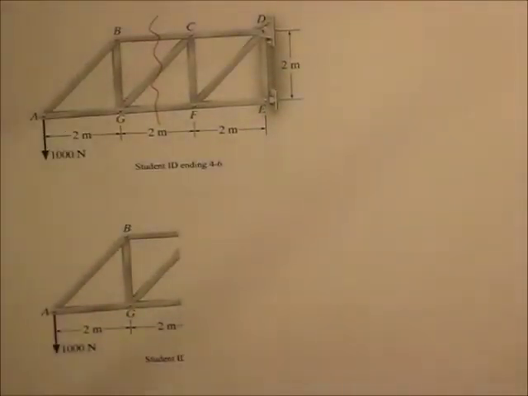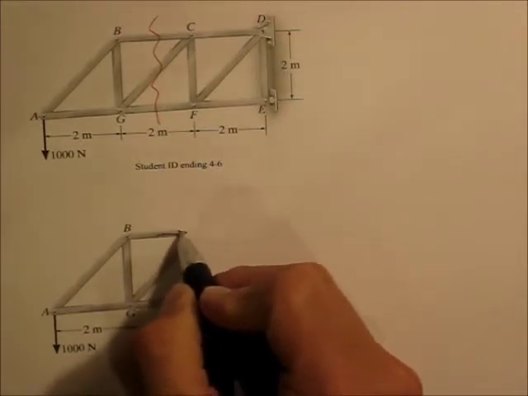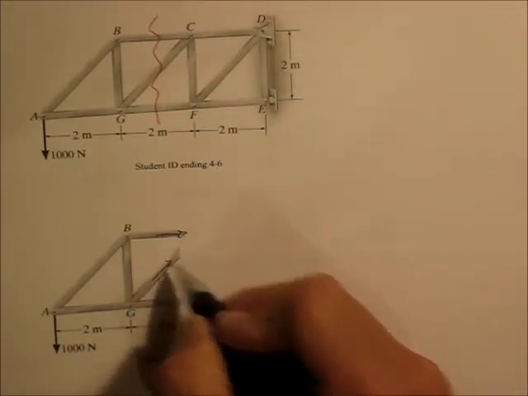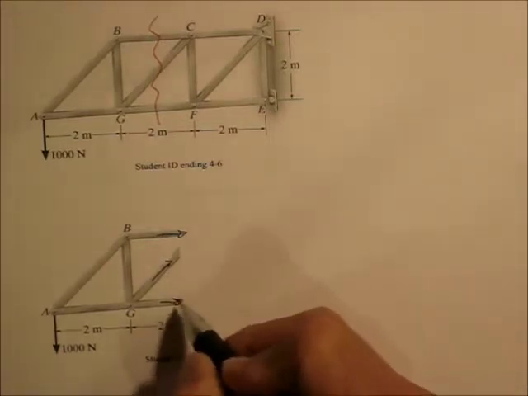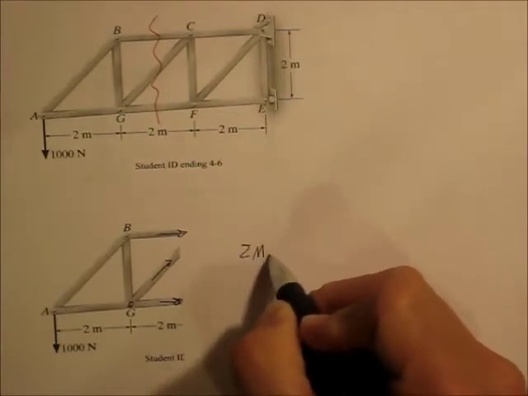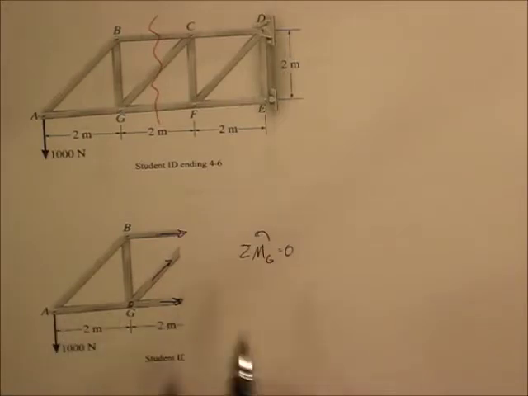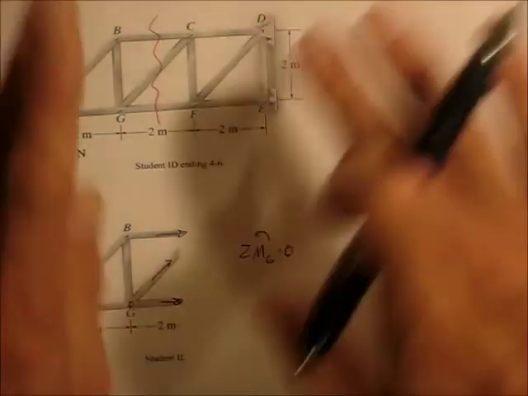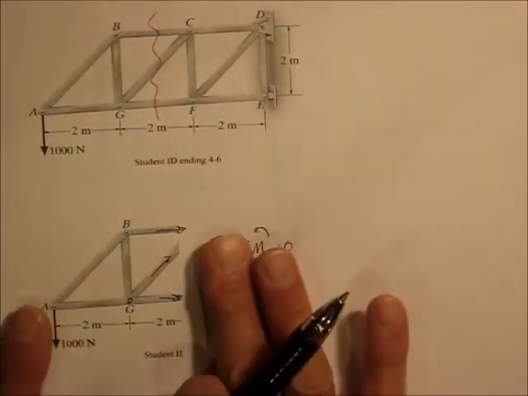Let's say that what we're going to do is assume that the forces are in tension. They may not be in tension, but we're going to assume they're in tension. And in order to find out the force in BC, I can just sum the moments about G. So let's sum the moments about G equals 0. Again, because the truss was in equilibrium, obviously this section is in equilibrium.